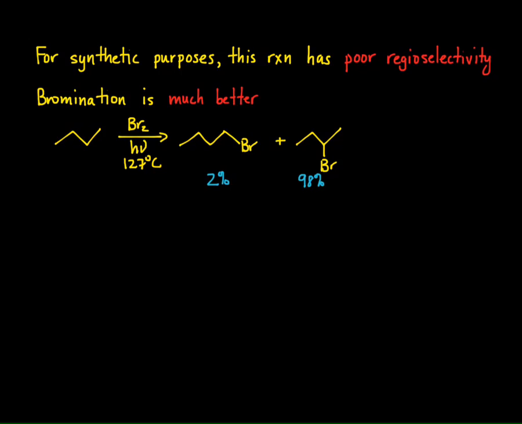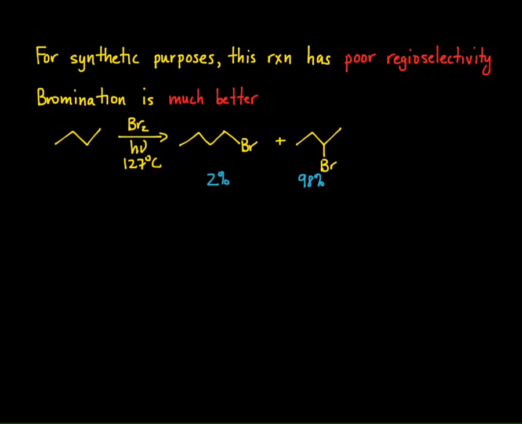So here I've drawn out the reaction of butane with bromine. So relatively similar conditions. Obviously, you see a much higher temperature, and that's because bromine has a little bit stronger bond, so I have to add a little bit more energy to get dissociation to occur.